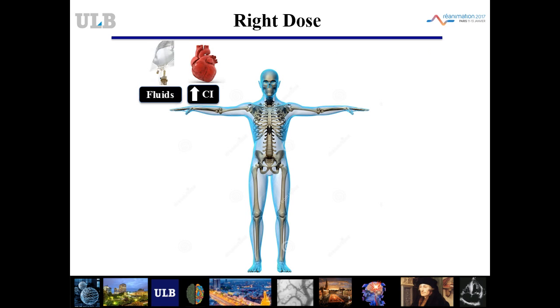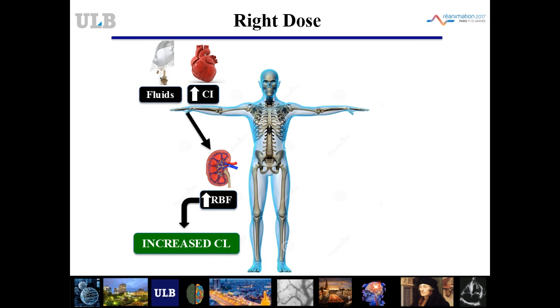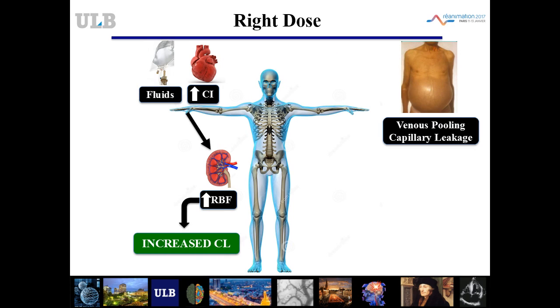These changes are due to our therapy, the fluids, increased cardiac index. This may increase renal flow in some patients, and for drugs that are eliminated by the kidney, in particular hydrophilic drugs, beta-lactams, this will increase drug clearance. And also, you have always observed this phenomenon of capillary leakage, venous pooling, and this will increase the distribution volume of the drug.